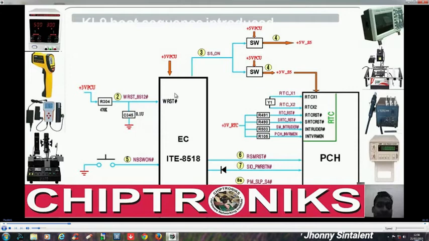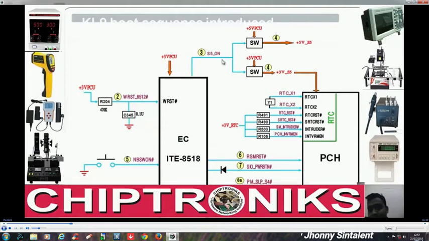Here this plus 3 VPCU is acting as a supply, and plus 3 VPCU here is acting as a reset, and the clock is embedded. So now this IO controller can work, but not all the parts can work. Only the power management section of this device can work, right? Not all the sections. So the second step is getting over here, reset, supply has already come to the IO controller.